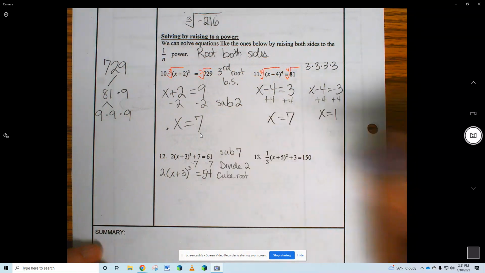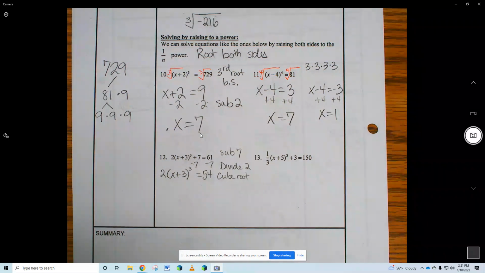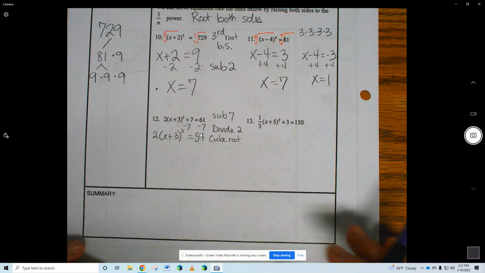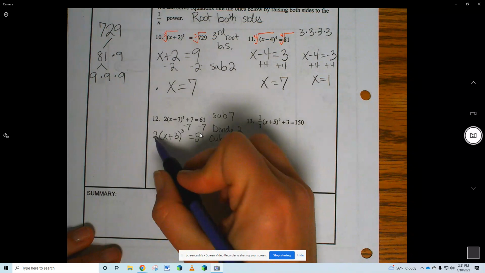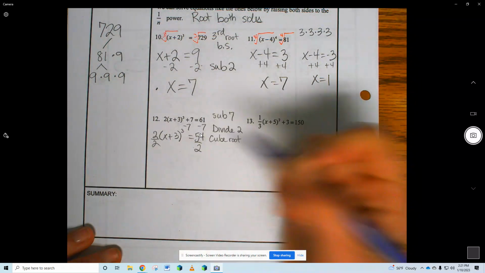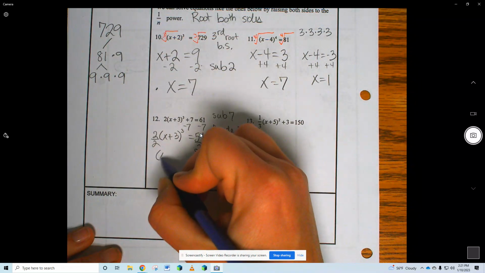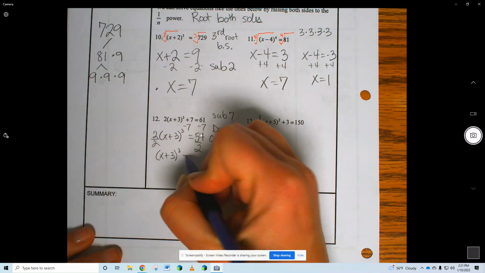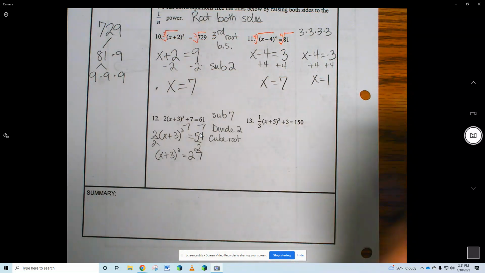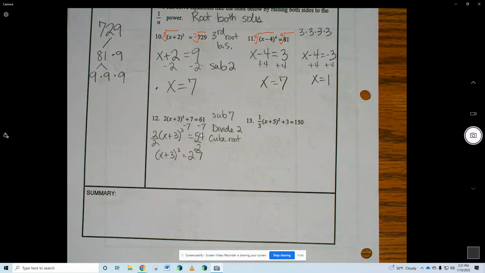61 minus 7 is 54. Then divide by 2. Cube root.